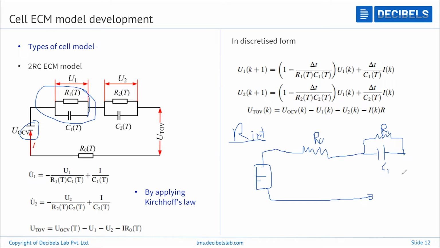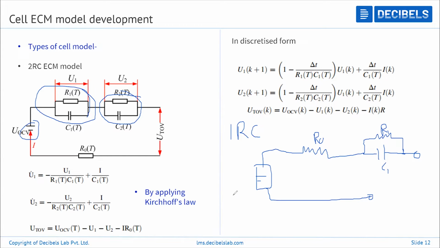So R1 and C1, I'm just giving the names R1 and C1. So this I can call one RC, or the Thevenin circuit. Right now what you are seeing is 2 RC. So this is one RC.